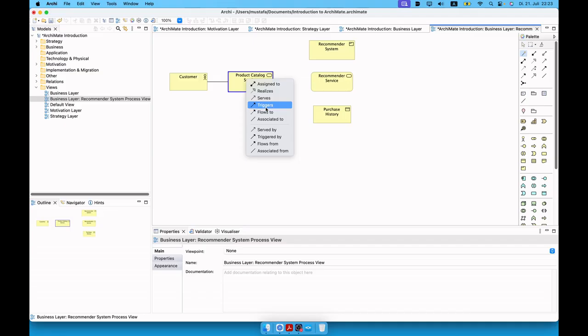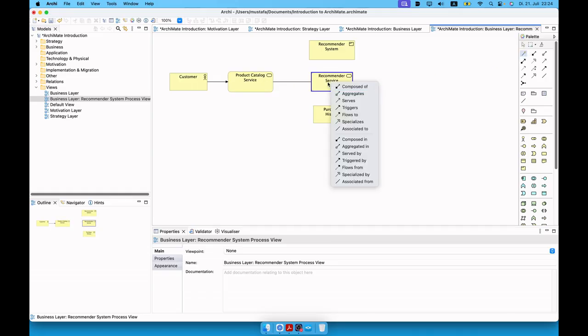I would stick to the triggers relation to keep the direction of the arrows in a flow that is easy to interpret from a visual perspective, so that the customer triggers or accesses the product catalog service. The product catalog service subsequently will trigger the recommender service.